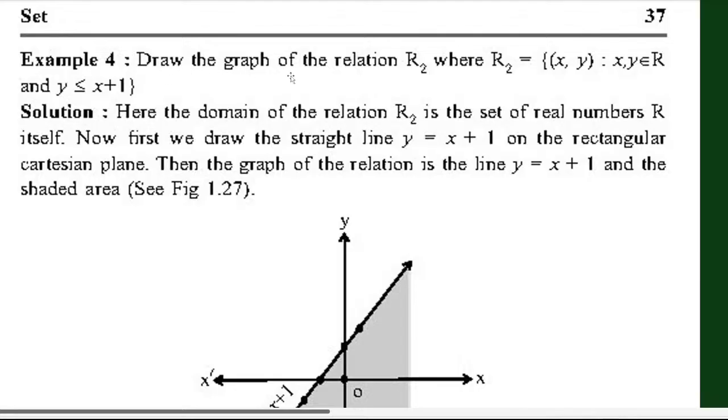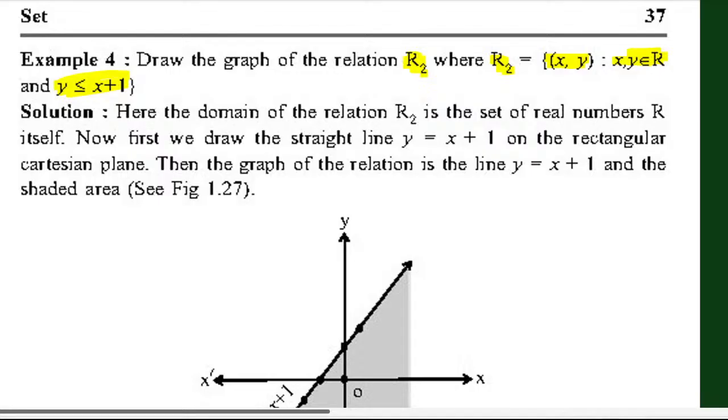Draw the graph of the relation R2, where R2 equals {(x, y) such that (x, y) belongs to R, and y is less than or equal to x plus 1}.